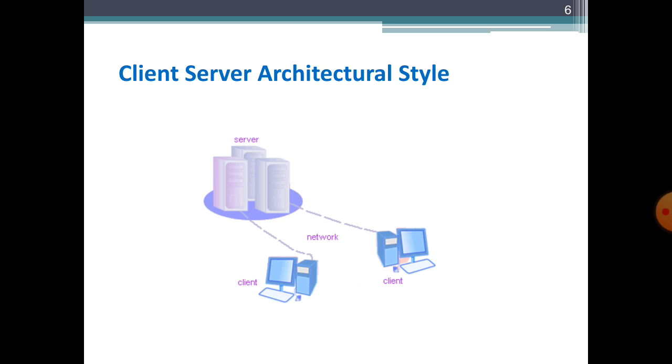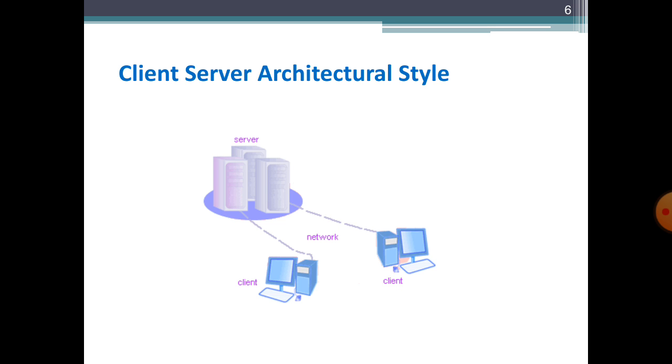So students, the client server architecture can be used within a single computer program, but it is a more important idea in a network. One client can be connected through a network, and two clients can communicate through a common network.